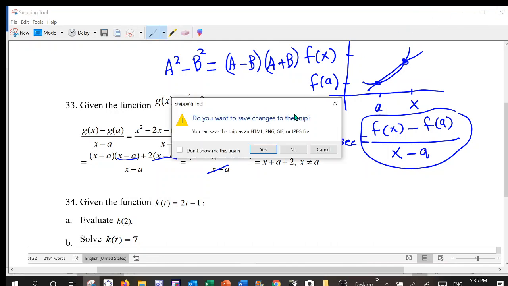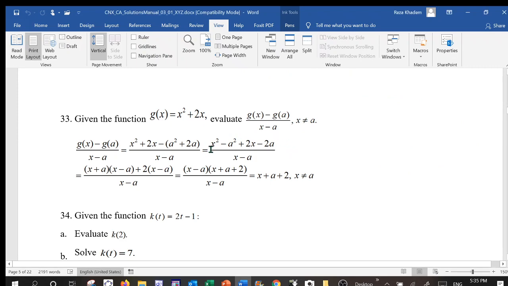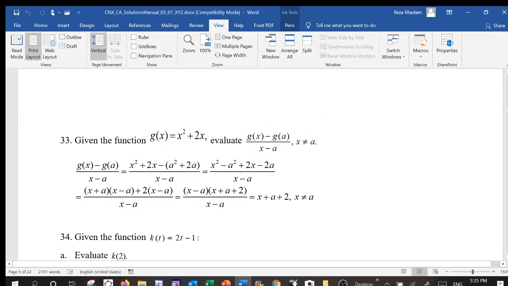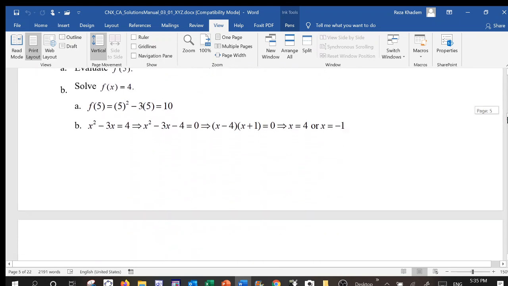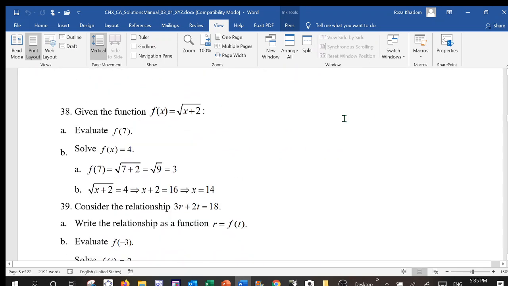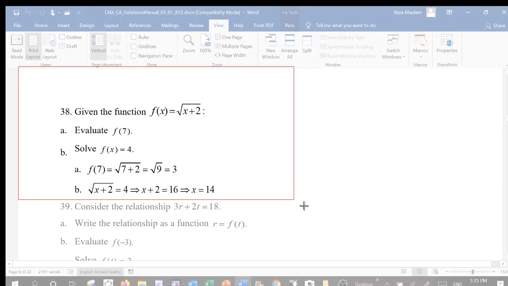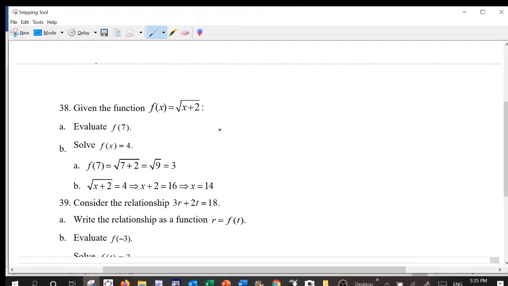Now let's do number 38. What are we supposed to do? It says given this function, f of x equals the square root of x plus 2, find f of 7.